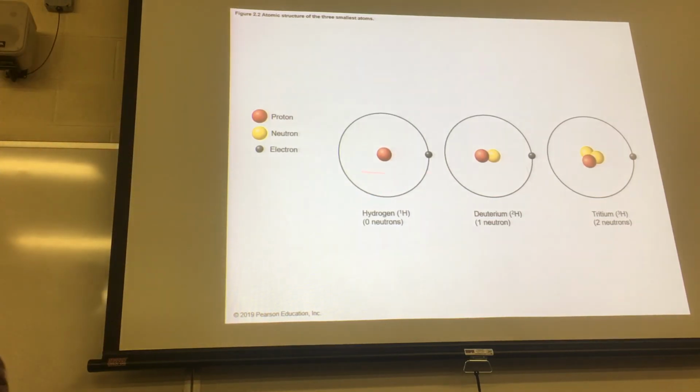So this is just showing you now what? The three smallest atoms. Well, it's all hydrogen. These would be what? They use carbon a lot.